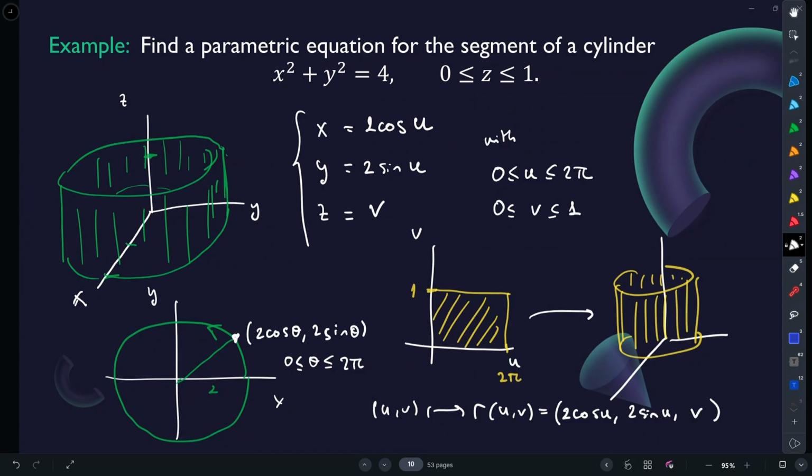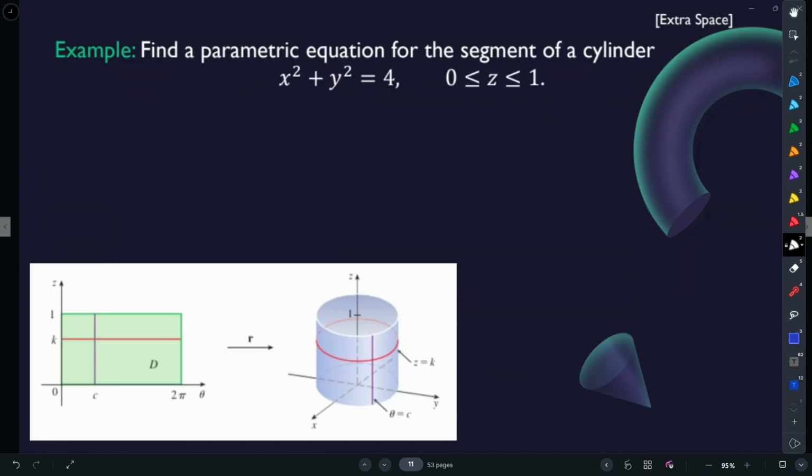There are many parameterizations, because again, we can parameterize these with different speeds in the u and v directions, but this is just one of them that works just fine. Next, we're going to use this parameterization to find the surface area of a cylinder, and so on. So here is just a better picture of the cylinder and the parameter space that corresponds to that parameterization.